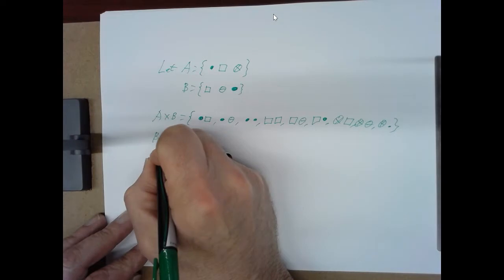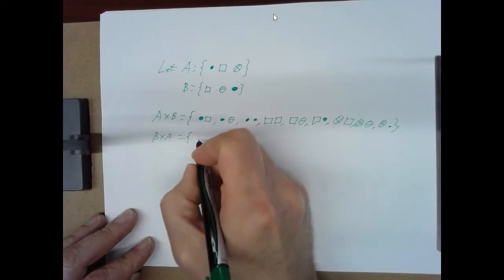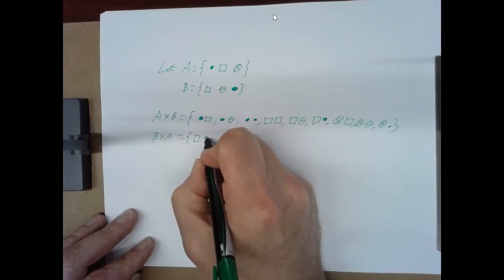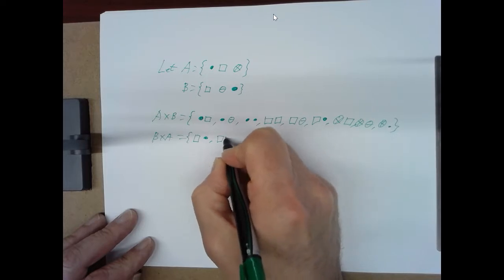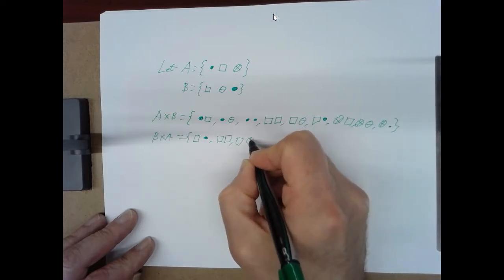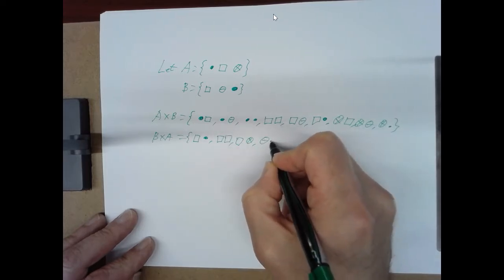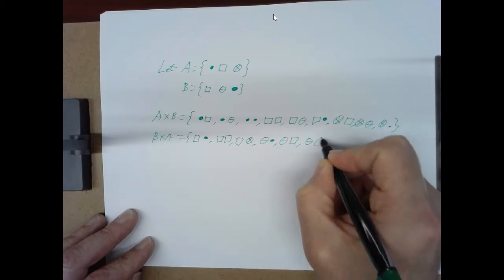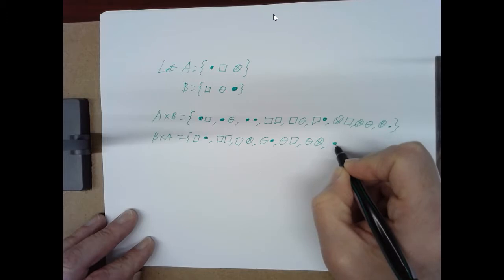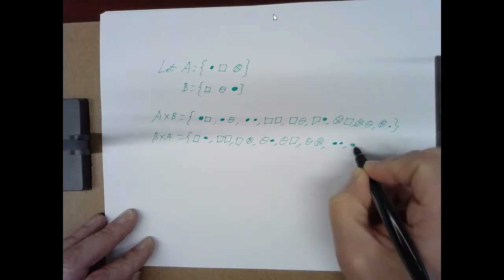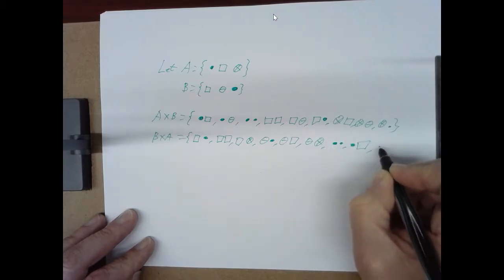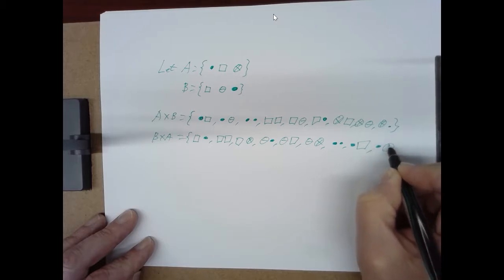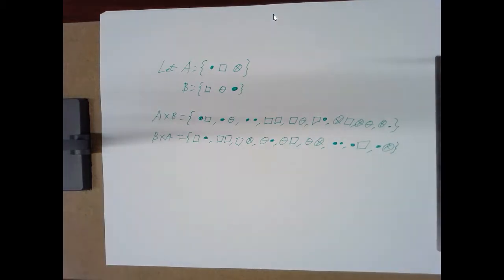And then B cross A. Same thing, but different order. Everyone agree on those cross products? Yeah, that's what I got.